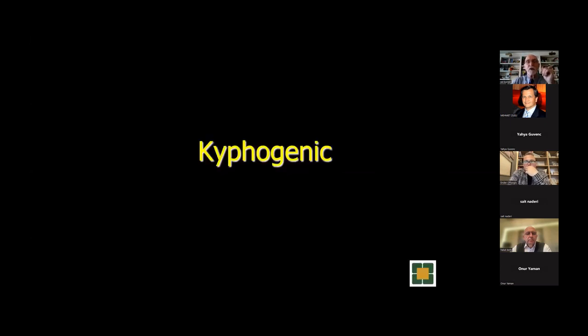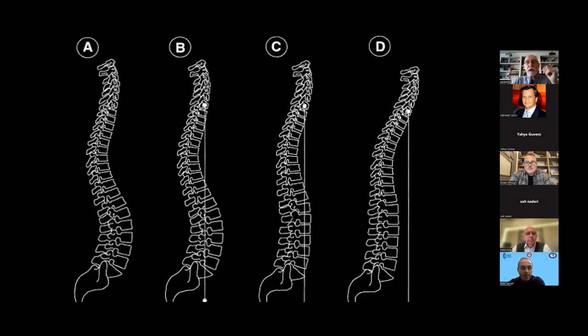Life is kyphogenic, and so is surgery. We tend to disrupt the integrity of the spine with surgery oftentimes, which causes it to bend forward. And we can see how this gradually occurs with time, as depicted in this picture.